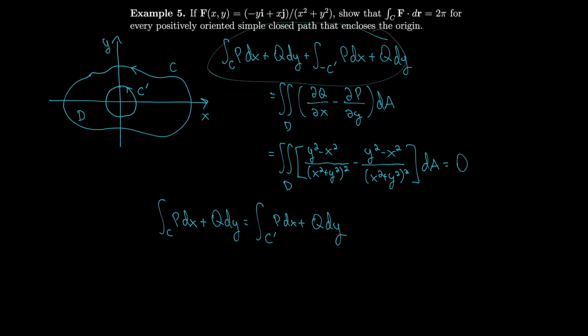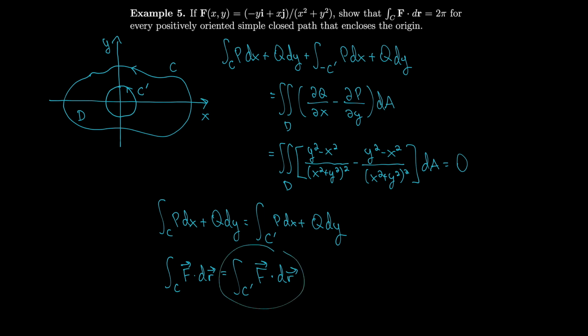Because if this thing equals 0, just subtract this to move it to the other side and then throw in another minus. So that means that my line integral over C must be equal to my line integral over C prime. So if I can show the line integral over C prime is 2 pi, then I'm done because I've shown that the line integral over C is 2 pi.